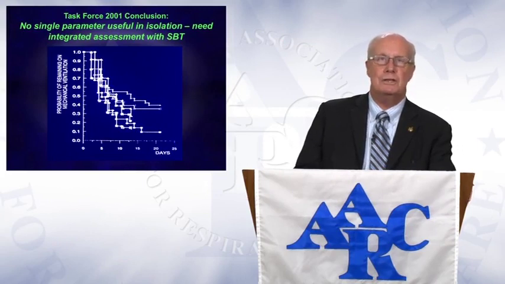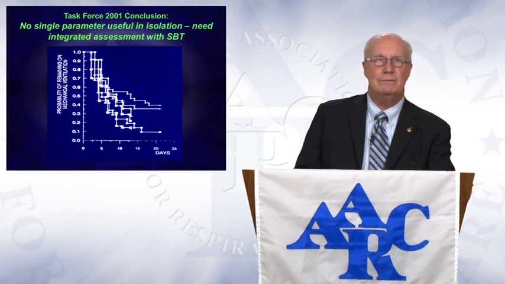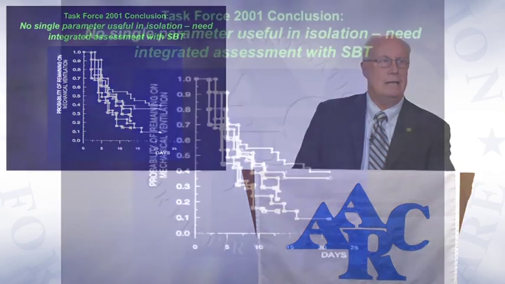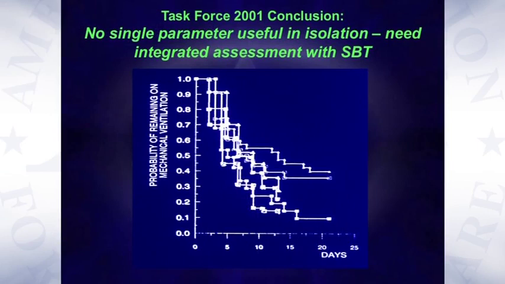The spontaneous breathing trial with an integrated assessment is the fastest way to come off a ventilator. These are data from those two trials I mentioned a little while ago, the Esteban and the Brochard trial. And these are a number of different ways of following a patient and guiding a patient through the discontinuation process. You can see probability of remaining on the ventilator on the vertical axis, time on the horizontal axis.